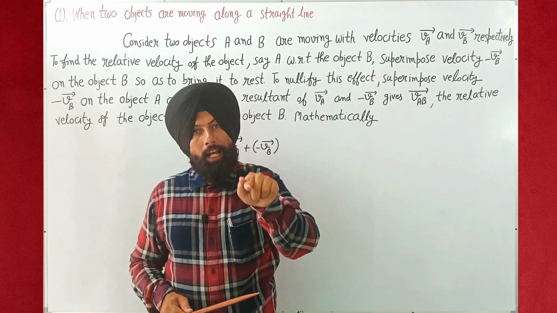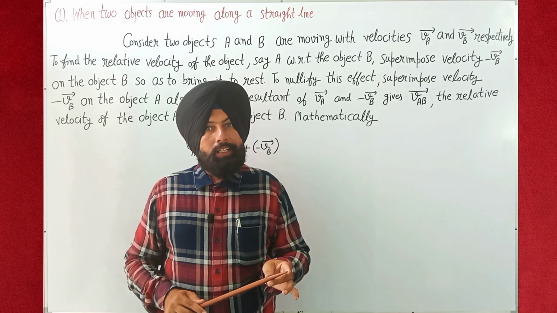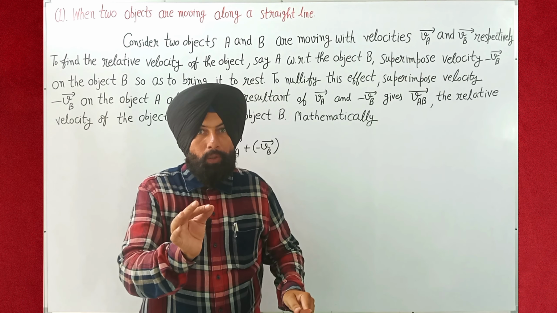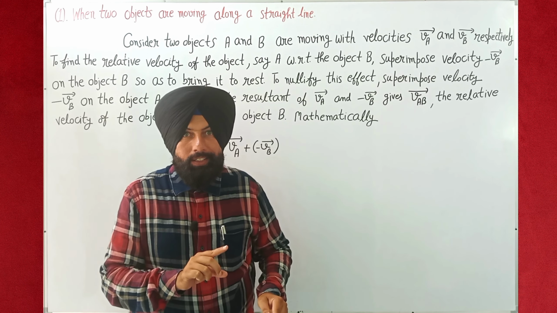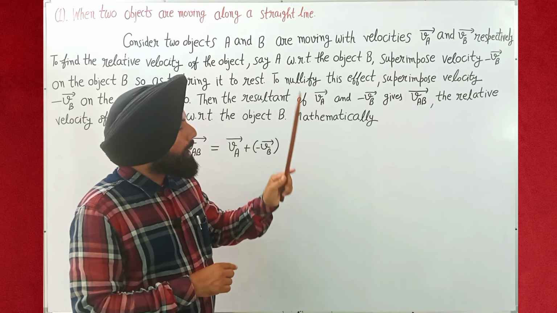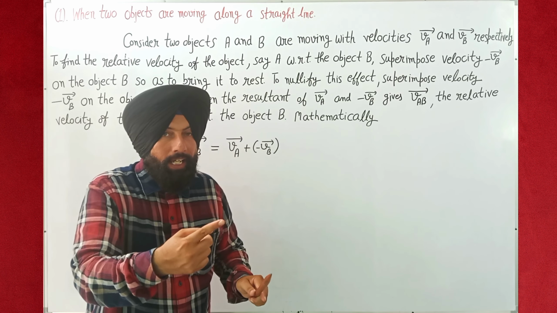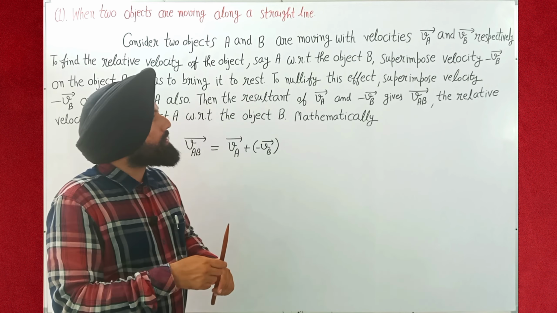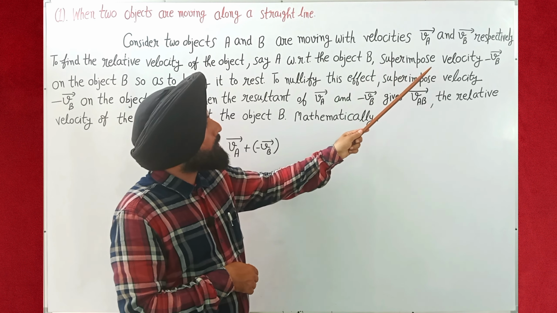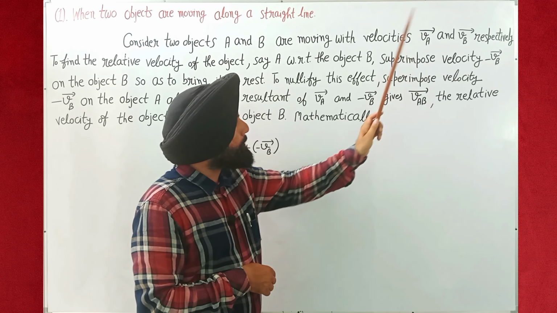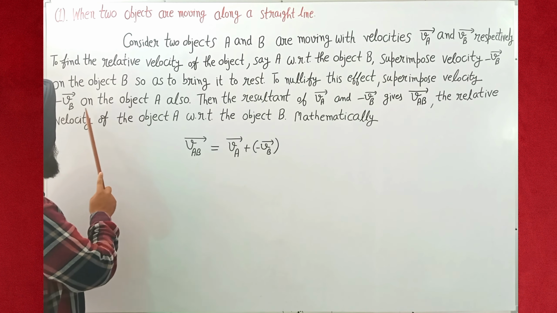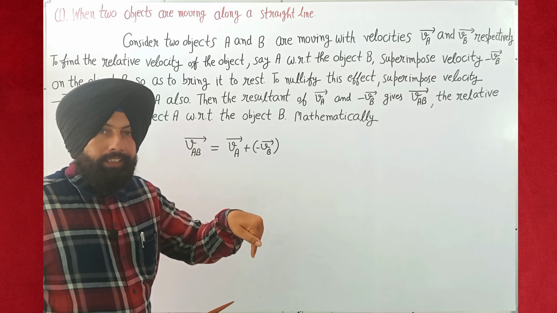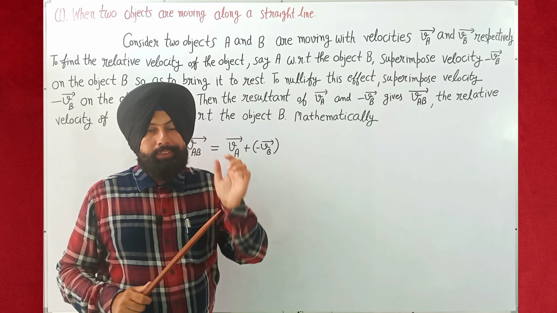Due to the definitions, one object is at rest and we want to find the relative velocity of the object A with respect to B. Now, on superimposing velocity minus V_B vector on the object B, it becomes at rest.